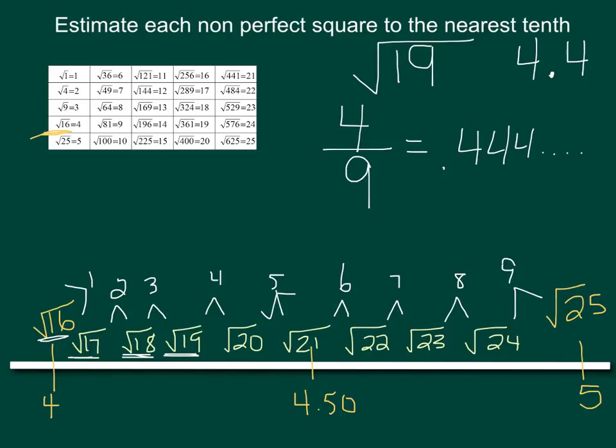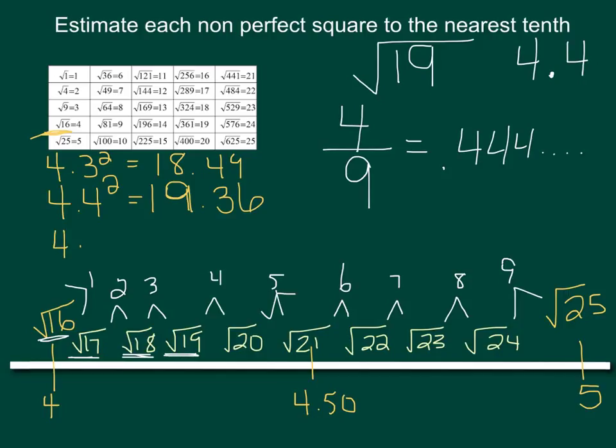Now we can always check our work because this is an estimate. We're going to take 4.4 squared. 4.4 squared is 19.36, which gets us pretty close to 19. We're going to check the two around it as well. 4.3 squared would be 18.49, and 4.5 squared is 20.25.